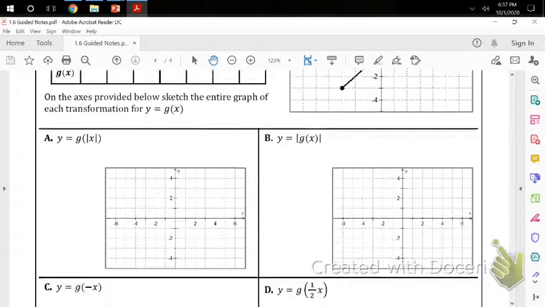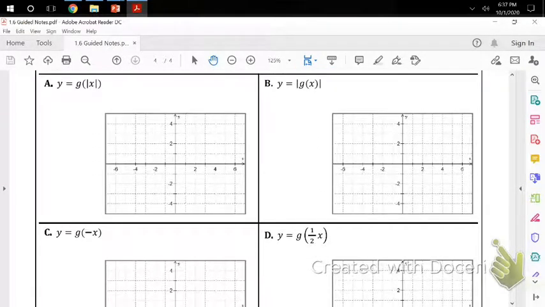So on A, it says g of the absolute value of x. So what we're going to do is it actually doesn't change our x values. Our x values will stay the same.